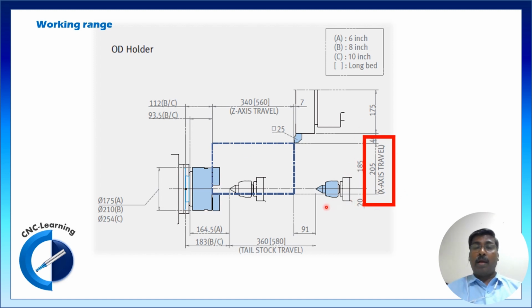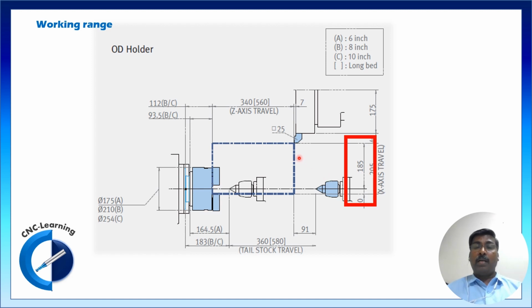In addition to this, there is one more distance, that is from the center to the tool point, 185. So 185 multiplied by 2 can be the diameter measured at this point where the tool is at the maximum point. So 185 multiplied by 2 is 370.